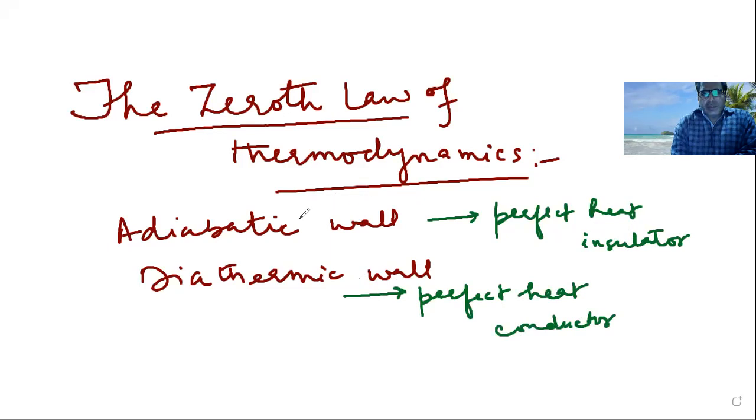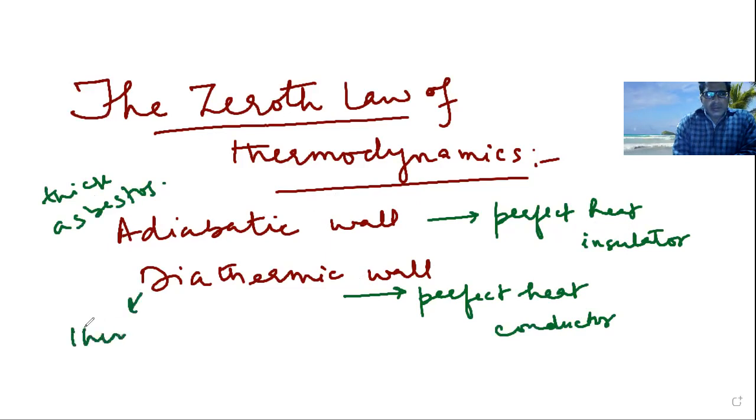And in case of adiabatic wall, we said it is approximated by thick asbestos. And in case of diathermic wall, we use thin metal wall. I repeat their definition.